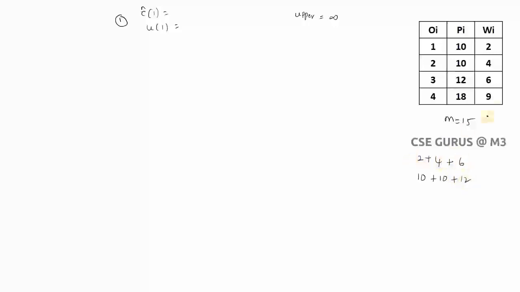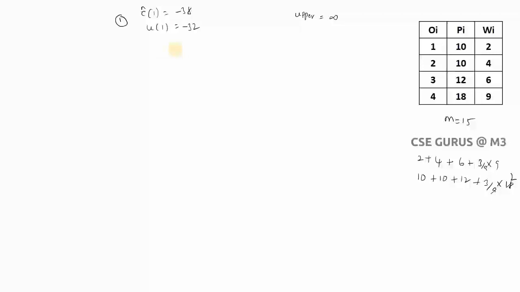Now if I want to include the last object, it exceeds the capacity of 15, since 12 plus 9 is 21. So whatever profit I am getting, that is 32, I'll write here with a negative sign. And for c cap I can consider the fractional part. So of the remaining 3 I require out of 9, the profit is also 3 by 9 into 18. So I'll get an extra 6, that is minus 38 here.